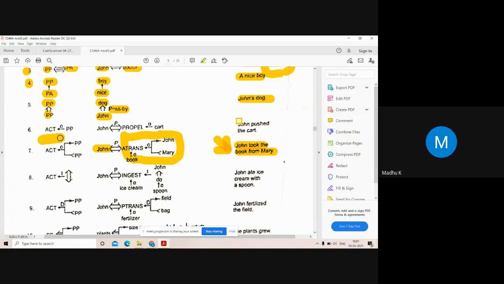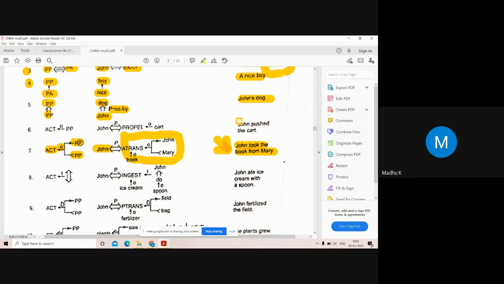The action part contains an action, then an object is there, then there is a giver and there is a beneficiary.